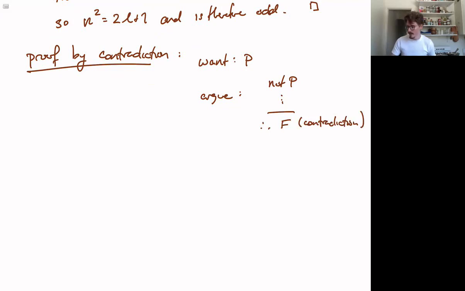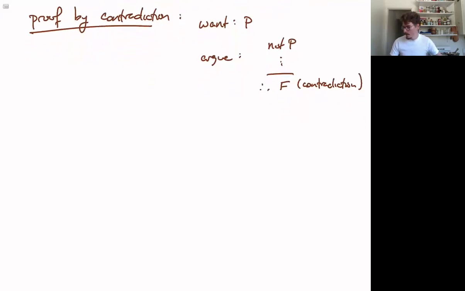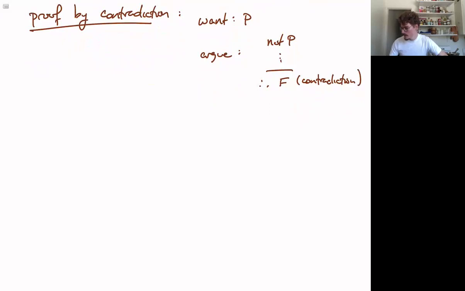So the way this works, let me rewrite this. Let's say we have not P and some intermediate steps, and then a conclusion. This only works if all of our intermediate steps are valid, like proper use of inference and true premises.